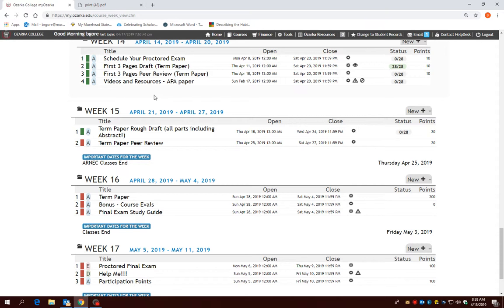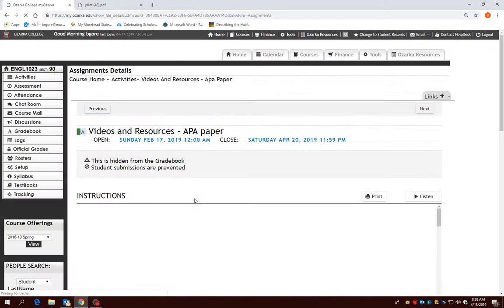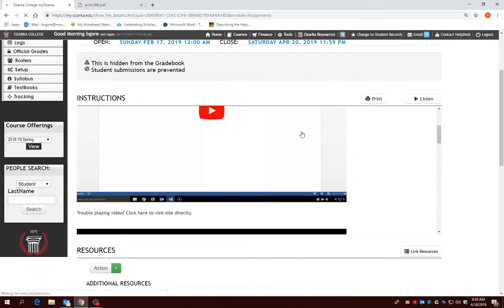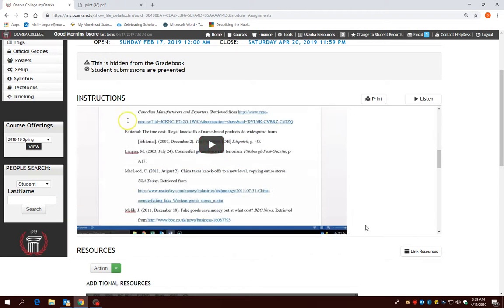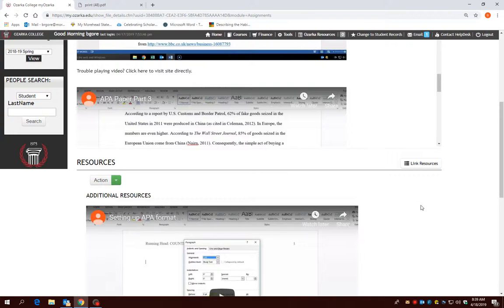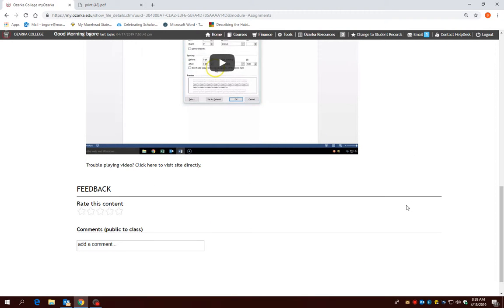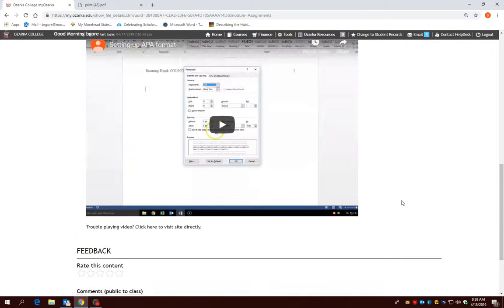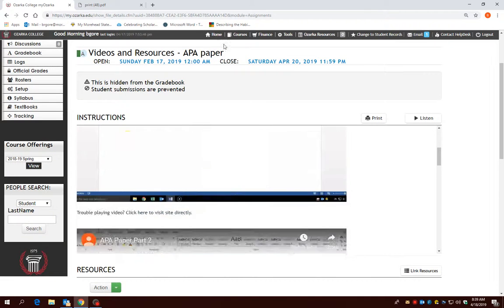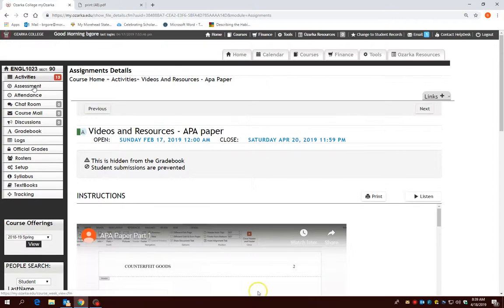So if you're struggling with this concept at all, please look over the sample paper and the videos that I've given you. I walk you through this whole thing. I notice that some people still don't know how to do in-text citations. That blows my mind. Read APA 4A. Read your textbook. So anyway, you've got work to do.